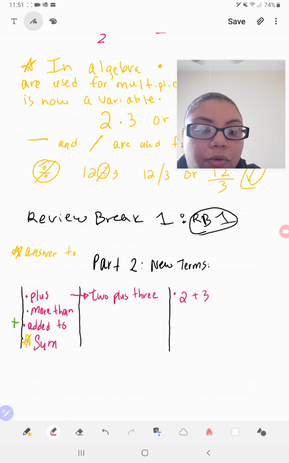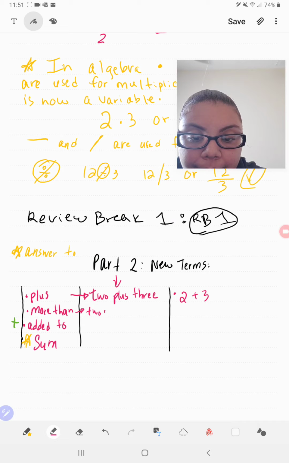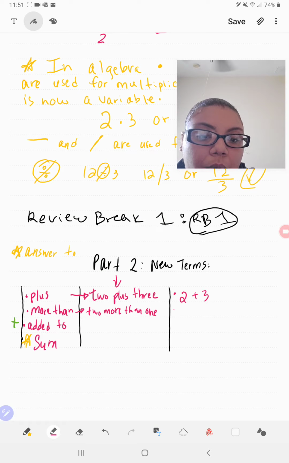The middle one right here is the one that matters, because they want you to express in words. More than. So we've got 2 more than 1. And this is saying 2 plus 1.